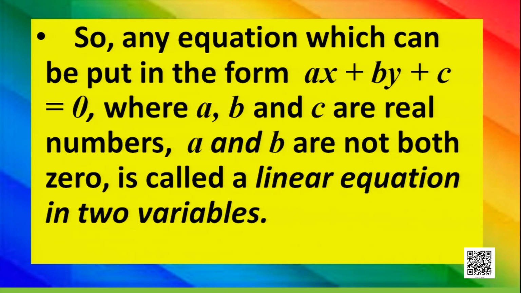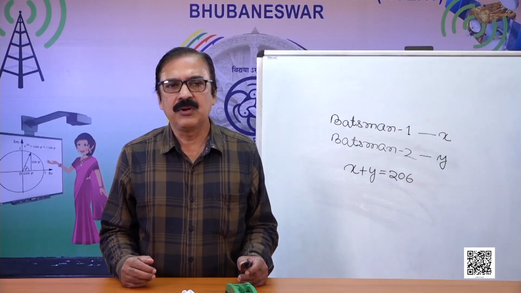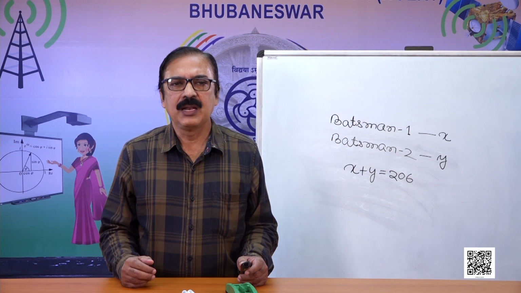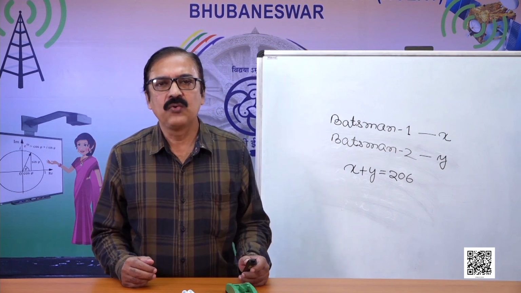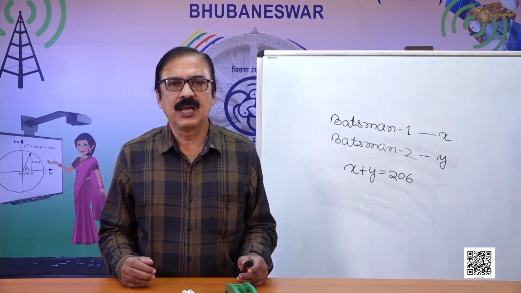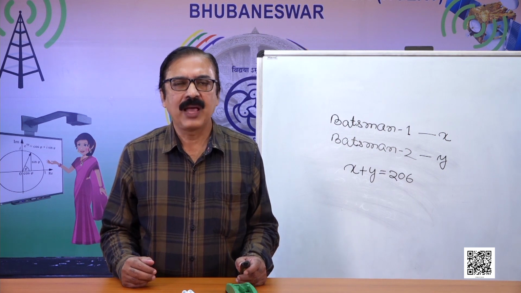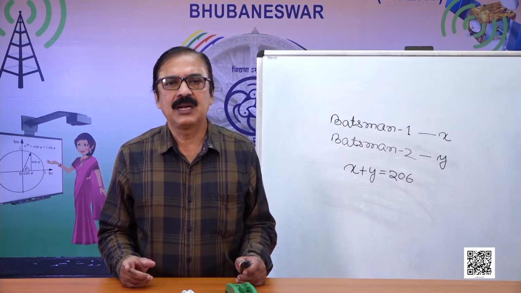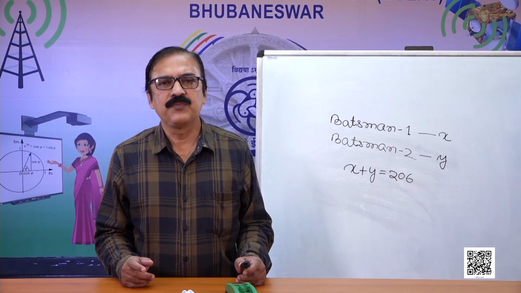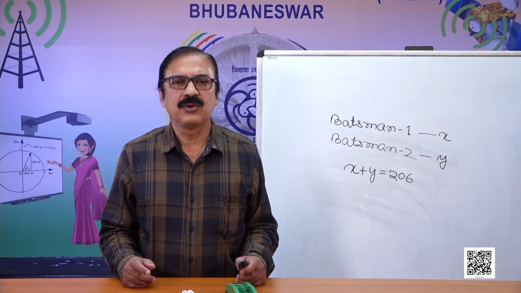One may be 0, but not both 0, is called a linear equation in two variables. So here we have two variables and the general form is ax plus by plus c equal to 0.